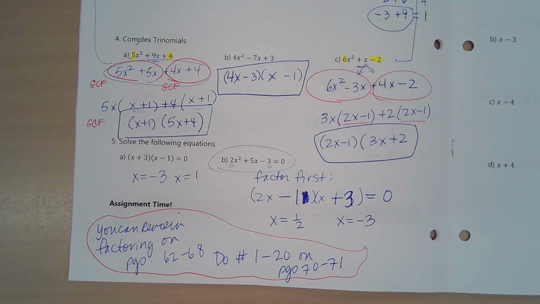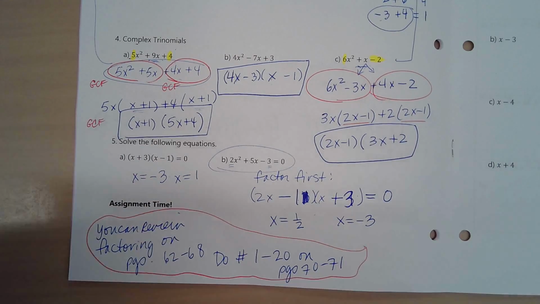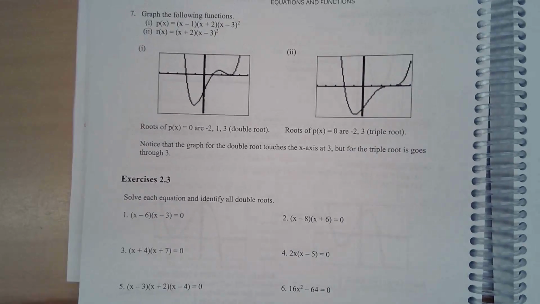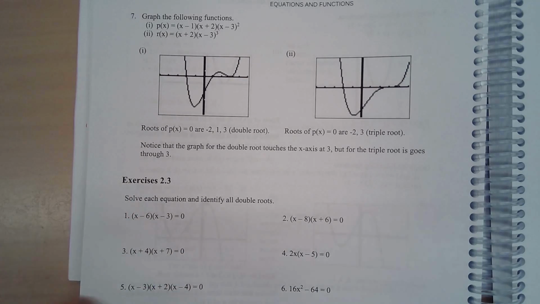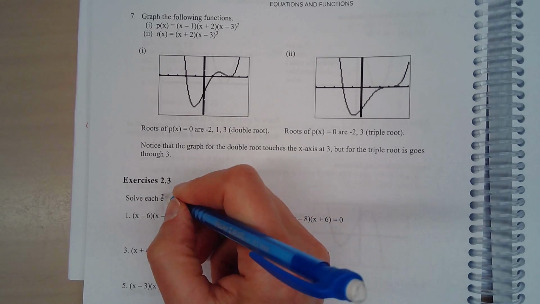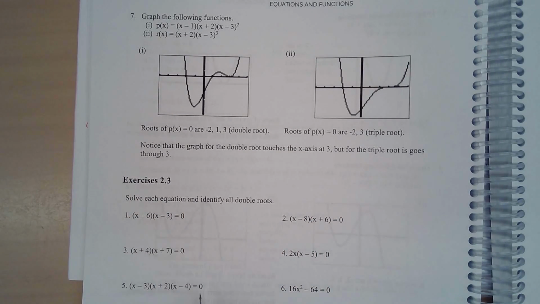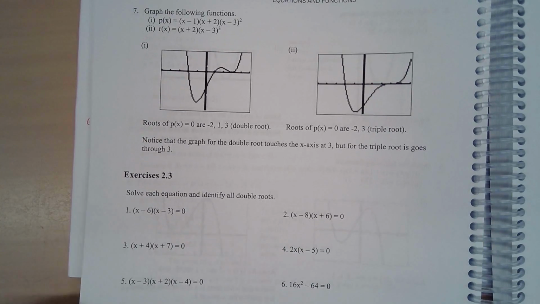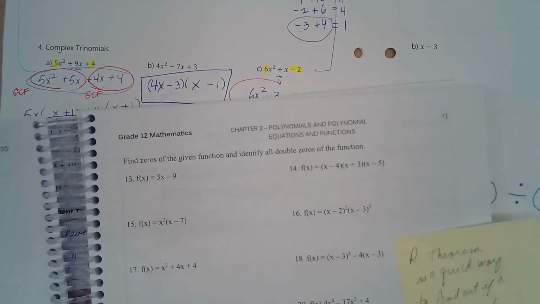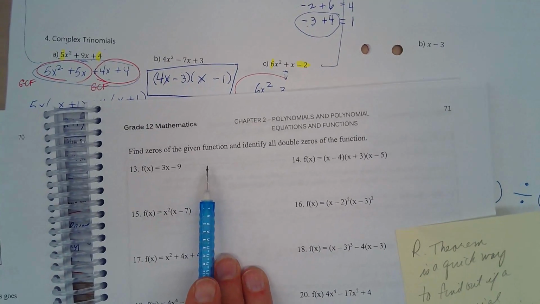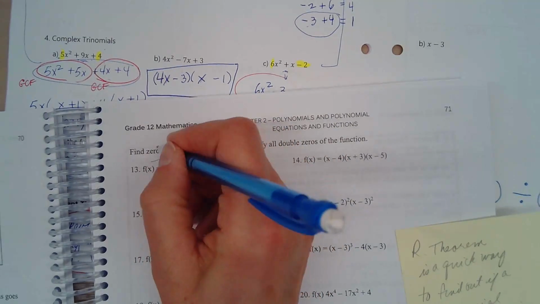It says, well, actually, some of them have been factored for you. It says solve each equation, identify all roots. So those are just solve for x, right? So these are already factored for you. You do have to do some factoring. Eduardo, down here you'd do some factoring. Here it says find the zeros, which is another name for x-intercepts, right?